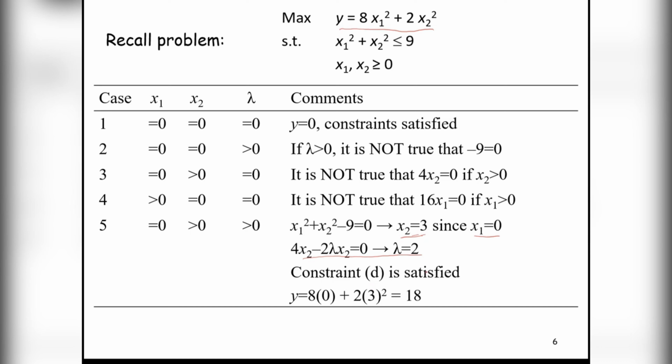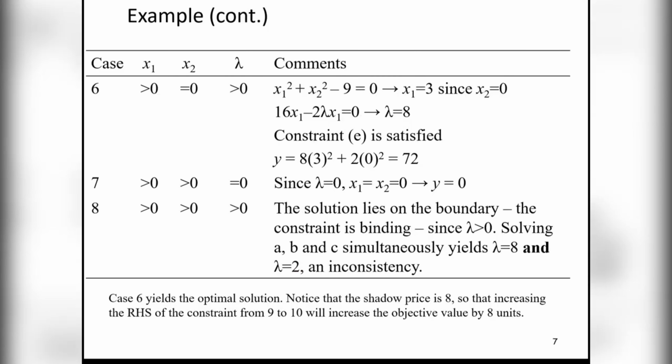So constraint D is satisfied. Then we plug the value of x2 into this objective function at the top of the screen, and we get 8 times 0 plus 2 times 3 squared, which is equal to 18. We do the same thing if x2 is 0, then we find that x1 squared plus x2 squared minus 9 equals 0, and in this case x1 is 3, since x2 is 0.